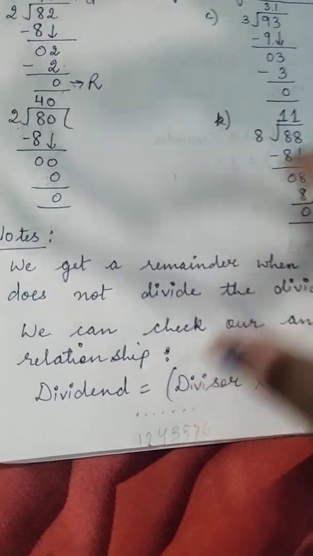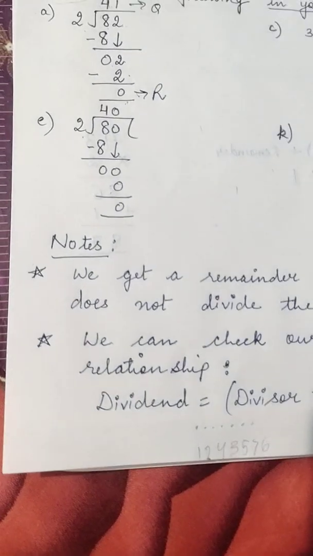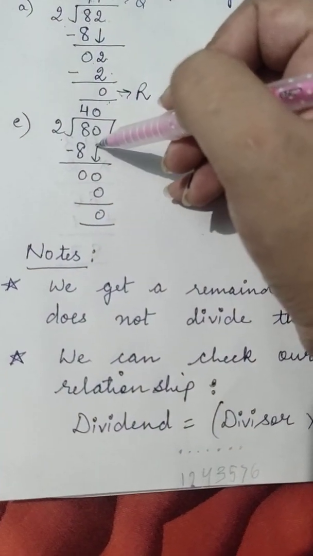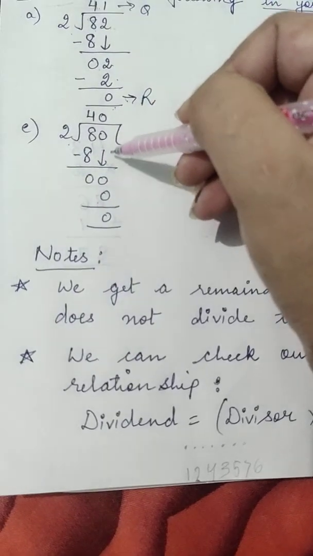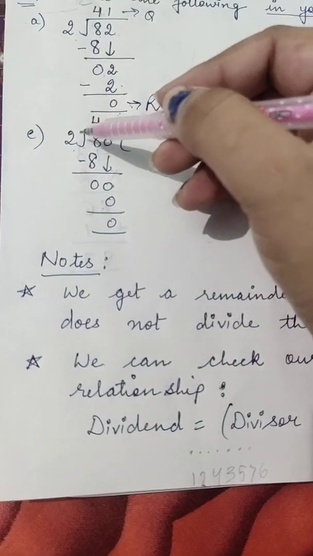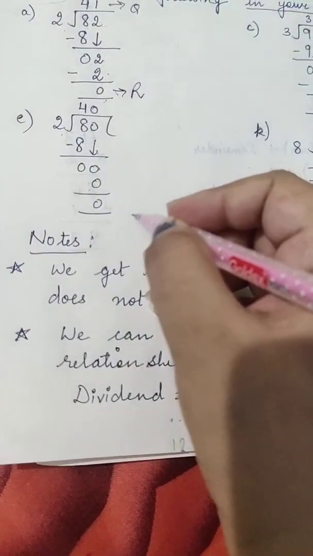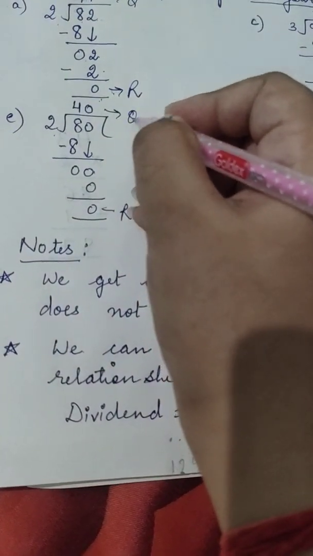Similarly is your part E, 80 divided by 2. We know 2 4s are 8 and 8 minus 8 is 0. Then we have to take this 0 here. 2 0s are 0. So the answer is 0. This is your remainder and this is your quotient.